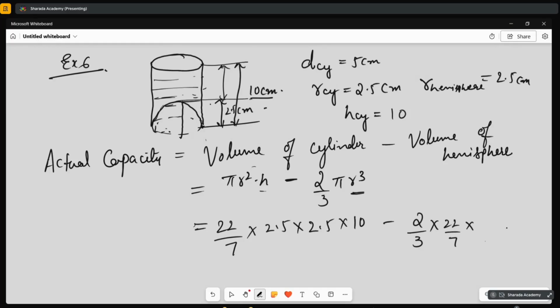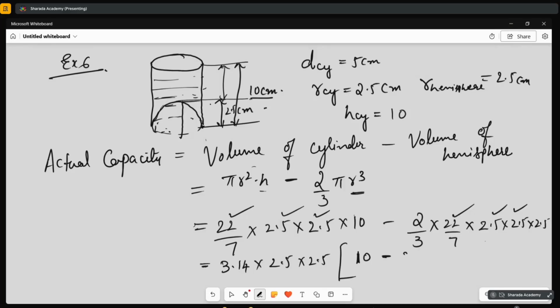R is what? 2.5 into 2. Okay. So use pi as 3.14. So this, what are the common things I can take? These two. Okay, so 3.14 into 2.5 into 2.5. So what is this remaining? 10 minus 2 by 3 into 2.5.